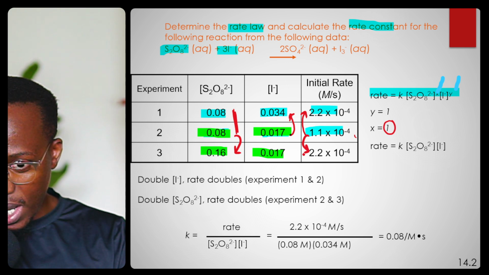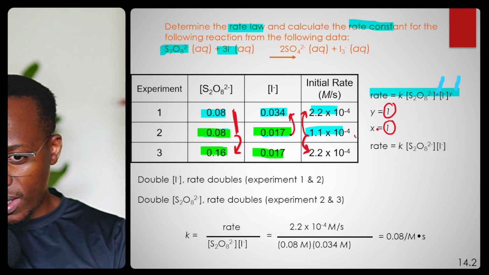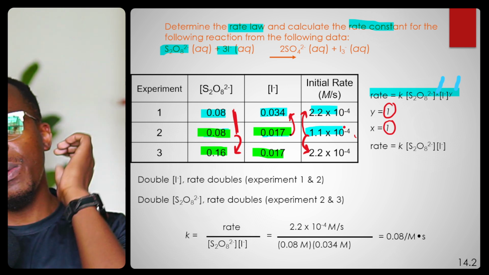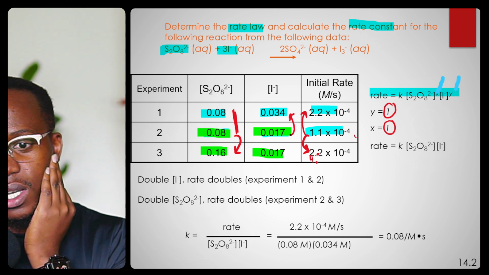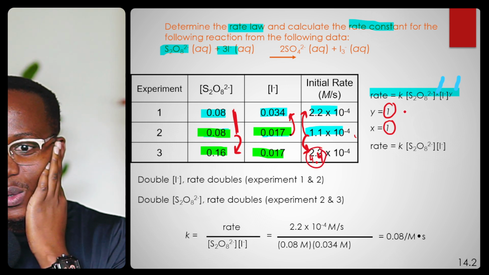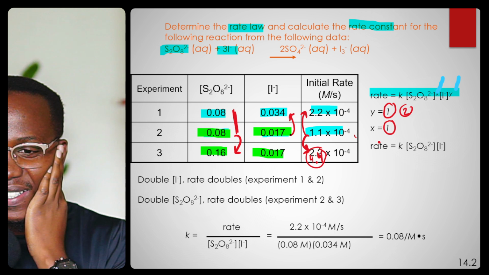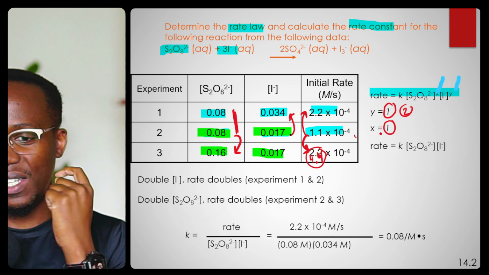This also multiplied by 2. What does that mean? It means that Y is also 1. Now, what happens if we multiply by 4? What if we had 4.4 here? If we had 4.4 here, our Y would have been 2 instead of 1. Does that make sense? I hope it's clicking.